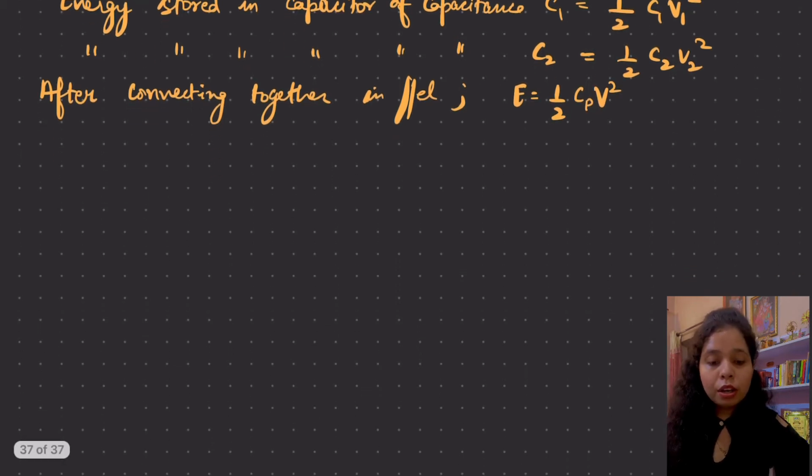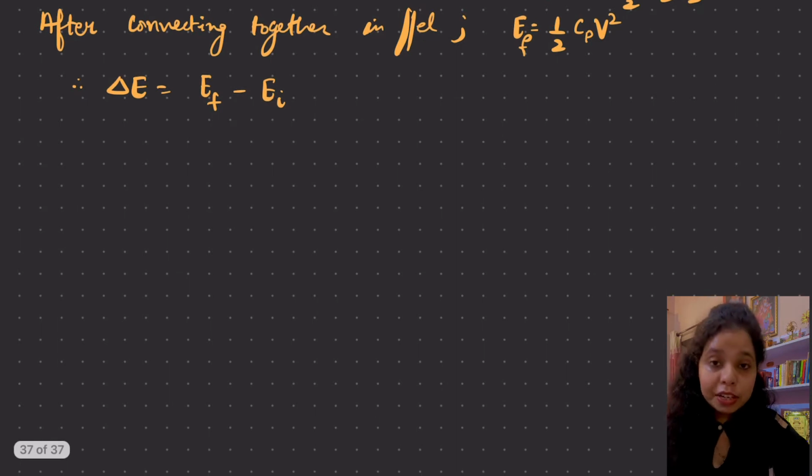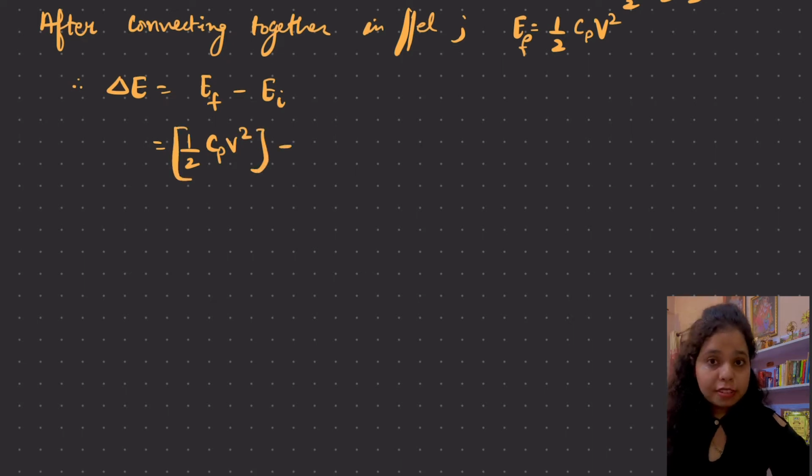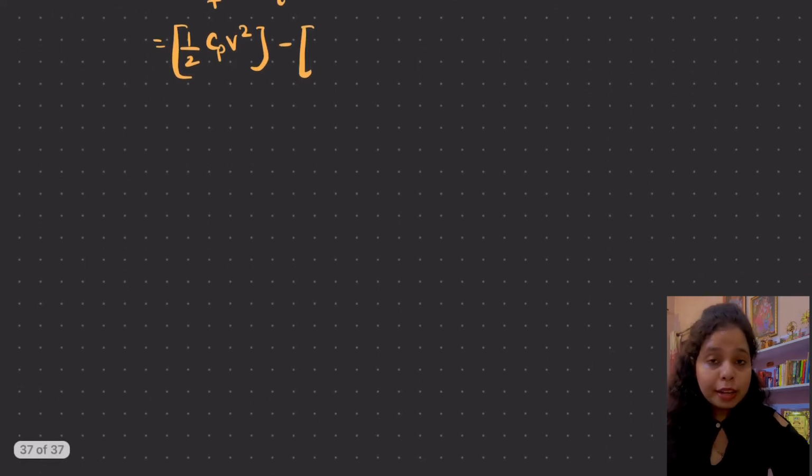Now I want to calculate the change in energy, because only if I calculate the change in energy will I be able to know whether there is a loss of energy or not. So I will write E final minus E initial, where E final is the final energy stored in the combination of the capacitors after connecting them in parallel.